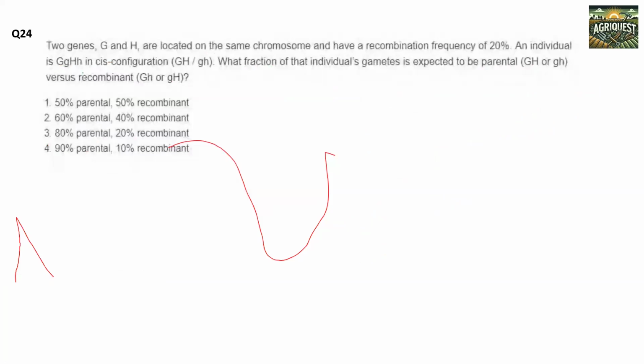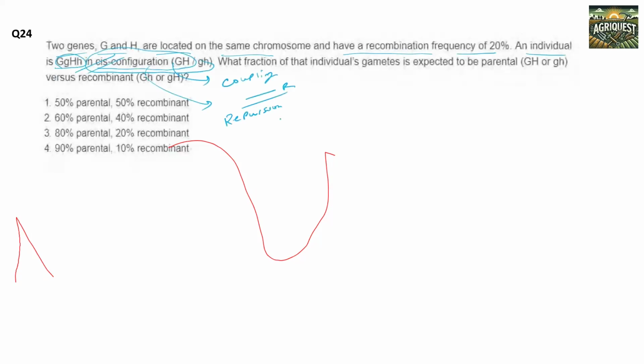Two genes G and H located on the same chromosome have a recombination frequency of 20%, and the individual is capital G, small g, capital H, small h, in cis configuration, not trans configuration. You can also call it the coupling phase condition. The trans configuration is called the repulsion phase.